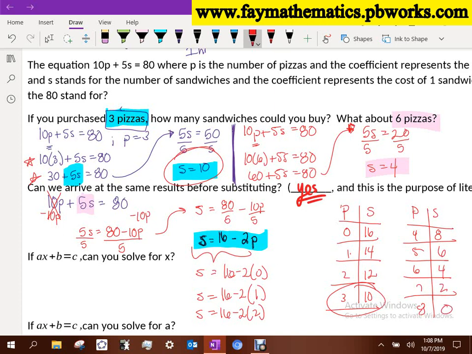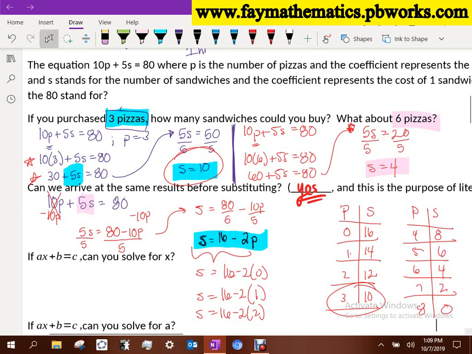As these are increasing by 1, what are the sandwiches doing? Decreasing by 2. Okay, so once you recognize that pattern, you can assume that it exists forever there. But do you see it? The purpose of a literal equation is for us to generate that data much quicker than solving the individual equations 8 times.